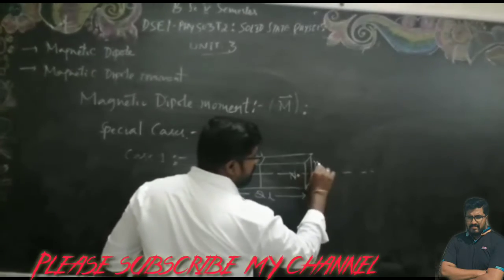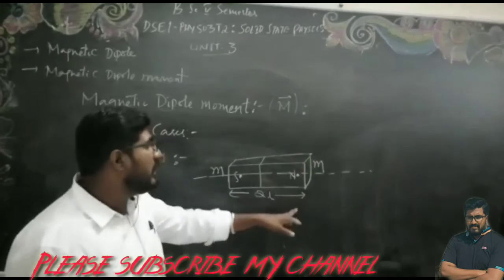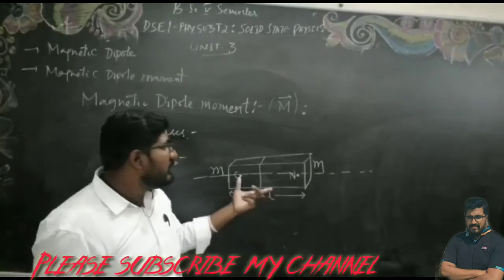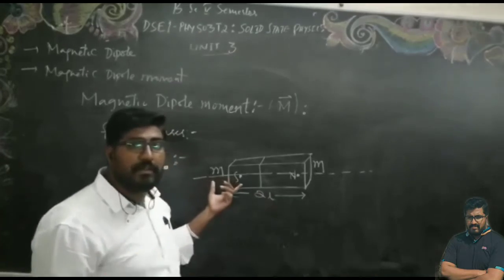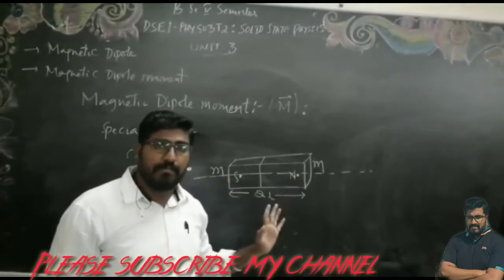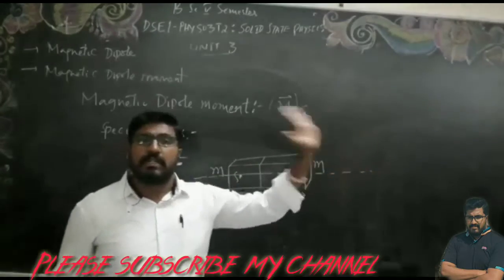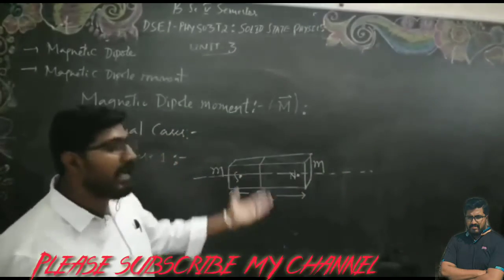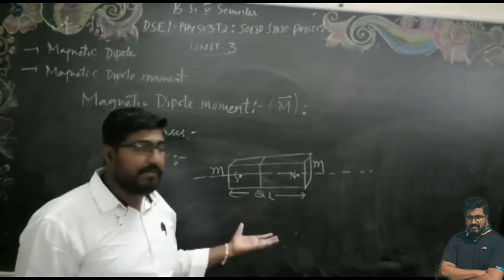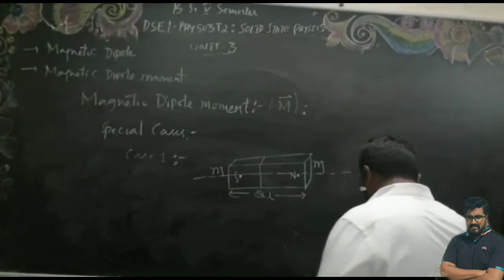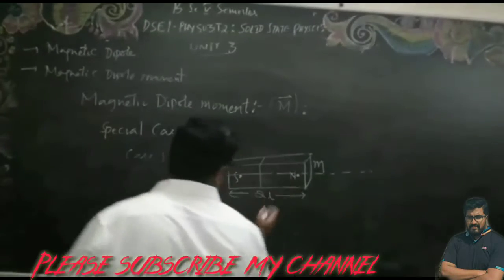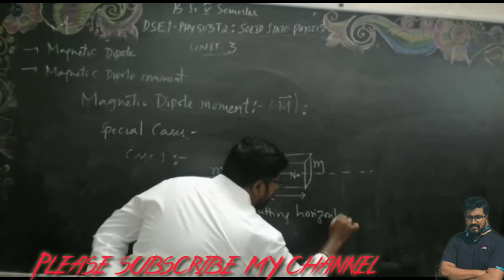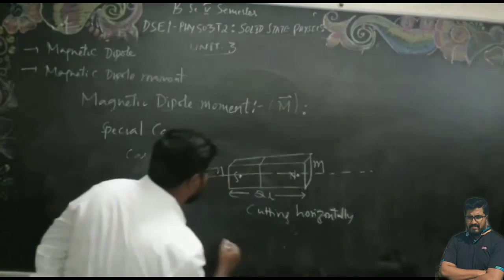If I cut this horizontally, or along the length, what happens to the pole strength? See what happens here after cutting.